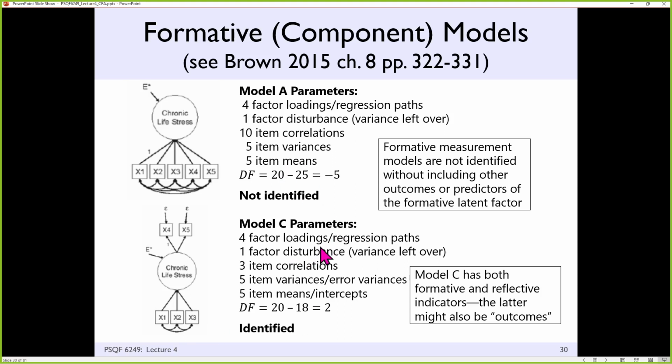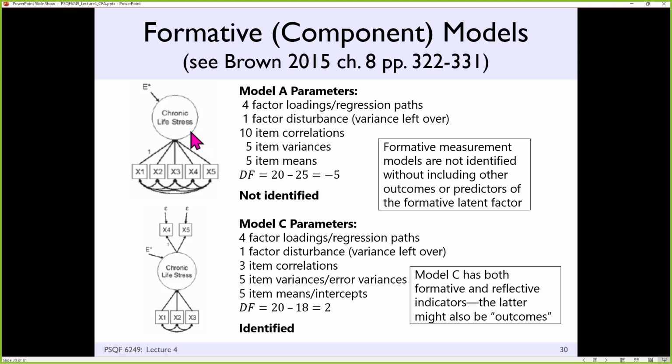So this is one of the things in thinking about latent factors: does it even make sense to have a latent factor? Not for every construct. Some constructs do not lend themselves to reflective models. I had an article about this on there, but if you search for formative measurement models or emergent measurement models, you will find discussions of this and how to make it identified.